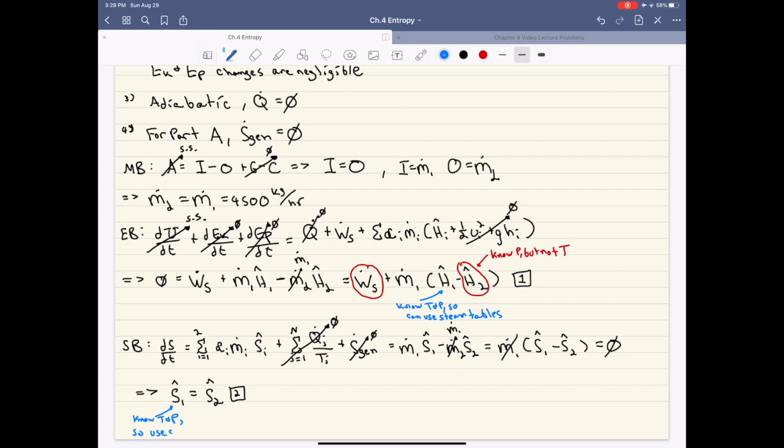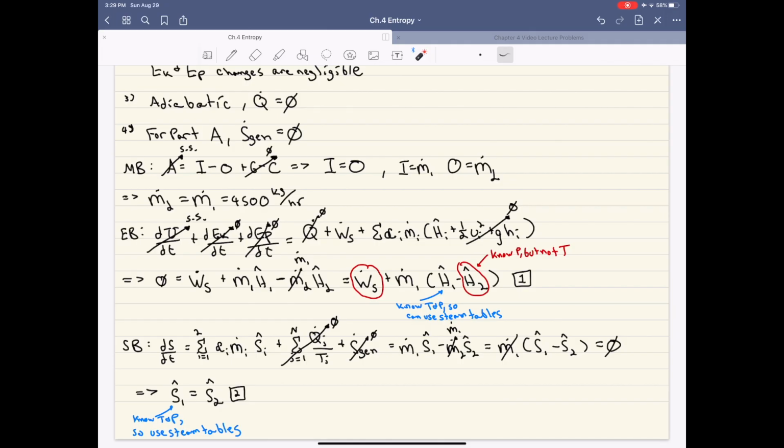Right? So that's how we can get S1. Then, because the entropy balance tells us that S1 is equal to S2, that information will allow us to back-calculate what the temperature T2 is.